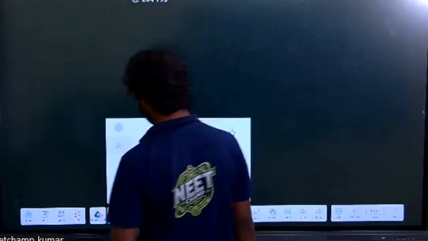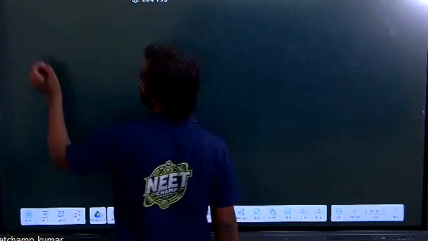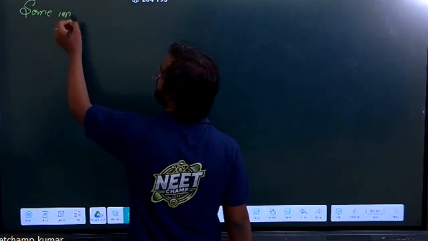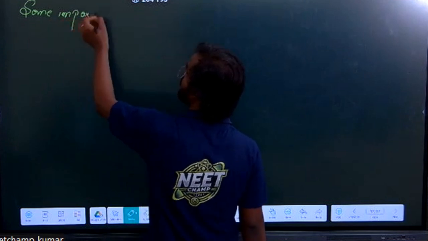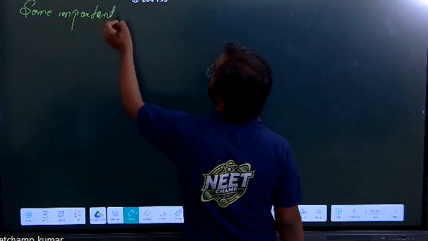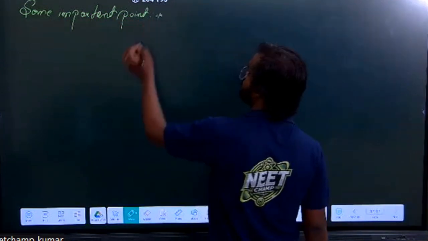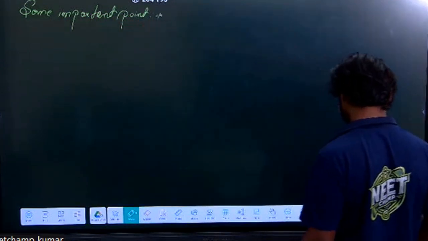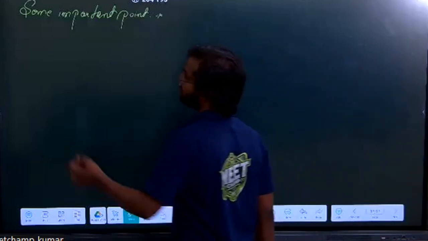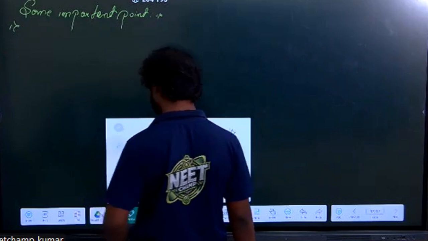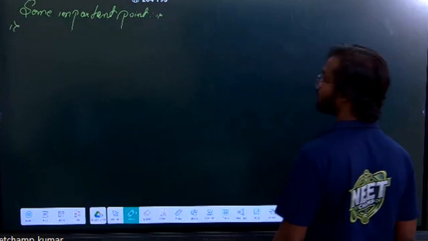Okay. Now let's note down some important points regarding this table. Some important points. First point is the total number of crystal lattices.